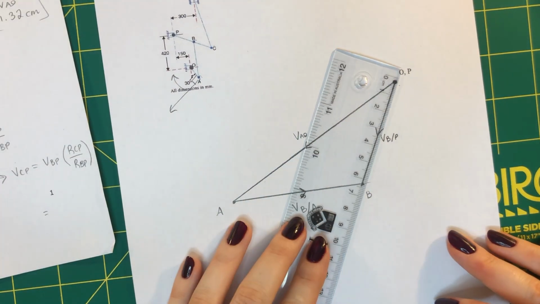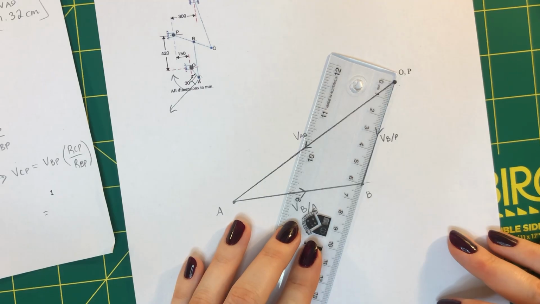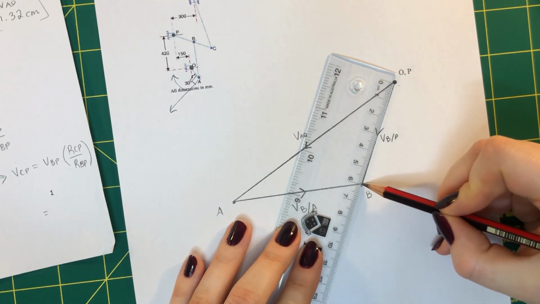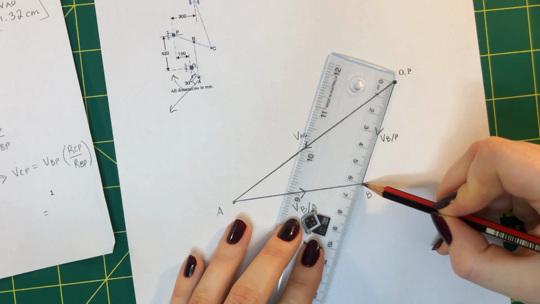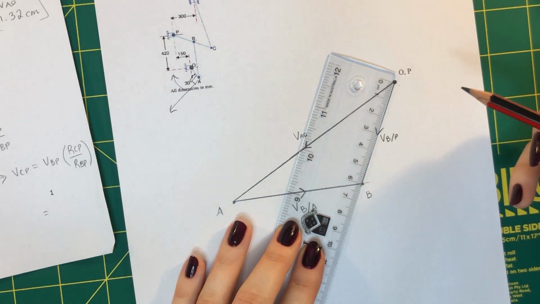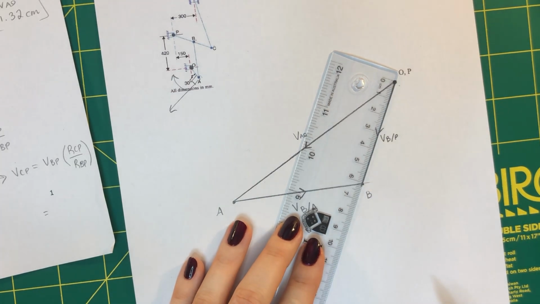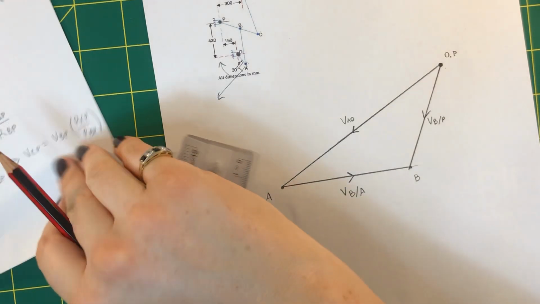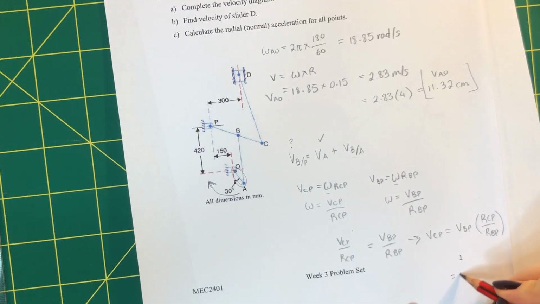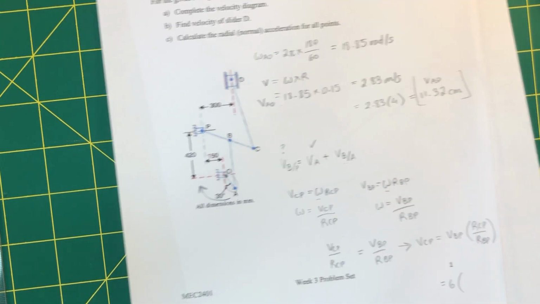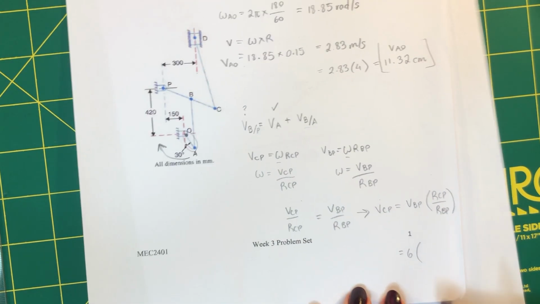I measure the length of the line BP, and my line is, let's see, about 5.6, let's say it's 6 centimeters. I'm leaving it as centimeters because I want my velocity value in centimeters.